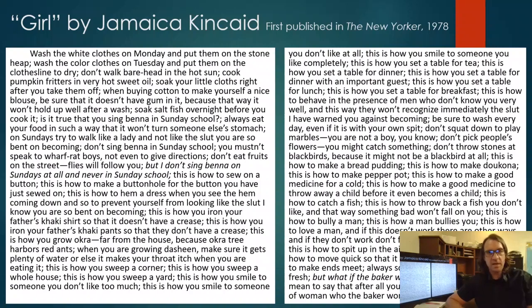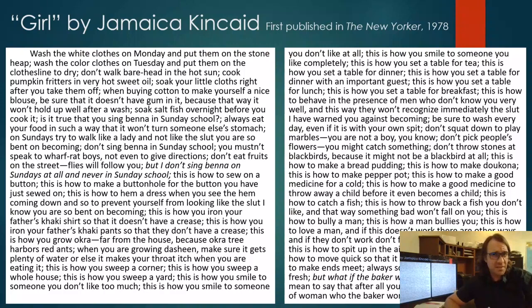For example, the contrast of singing those calypso songs, Benna, in Sunday school, is certainly reminiscent of that, even the father's clothes, perhaps. And perhaps the domesticity and lack of much technology will make us think this is maybe the first half of the 20th century. And that's where I place it.